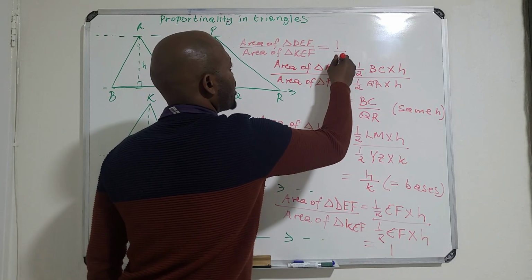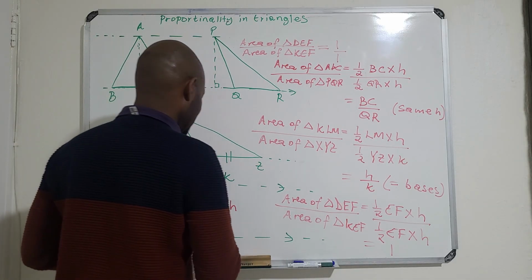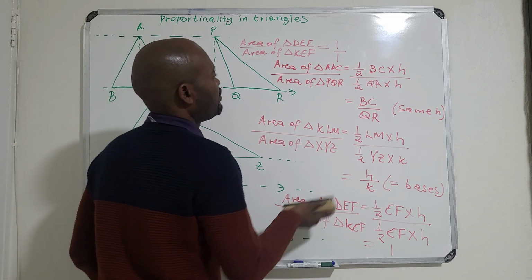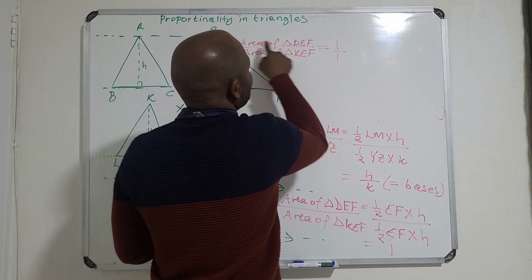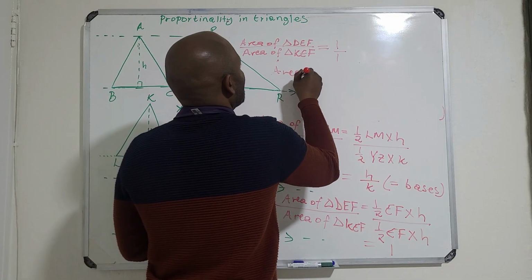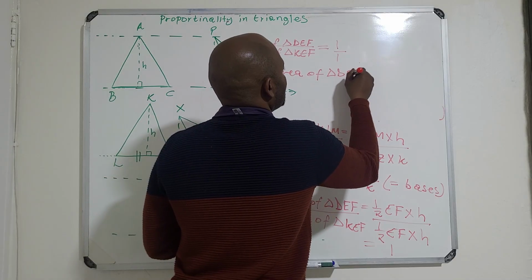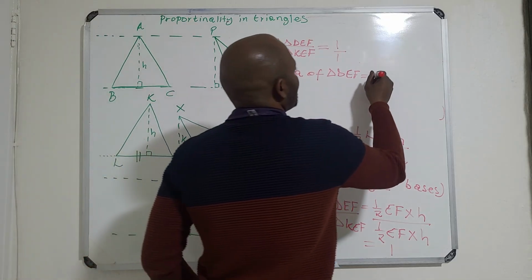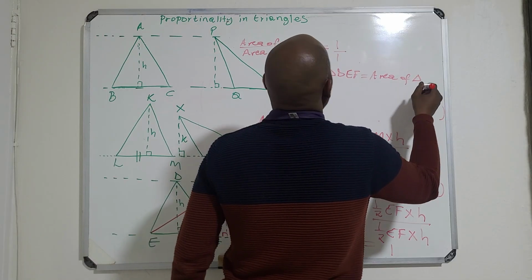But this one, I can write it as over 1. Cross multiplying tells us that the two triangles have the same area. This multiplied by this is going to be the area of triangle DEF, which is equal to this times that, equal to the area of triangle KEF.